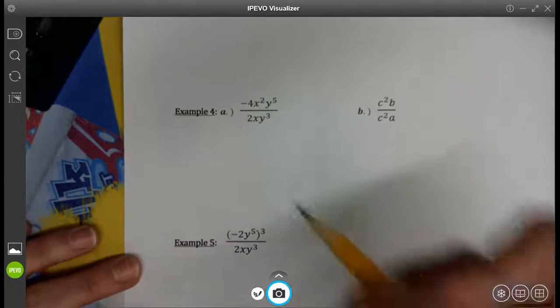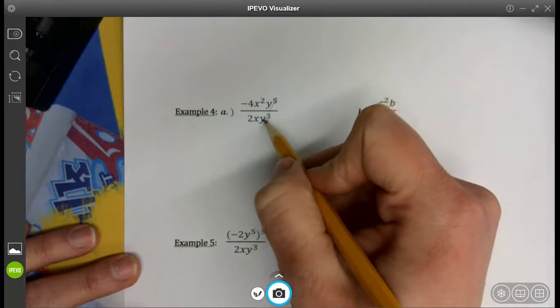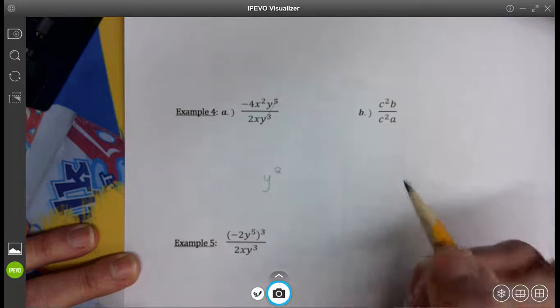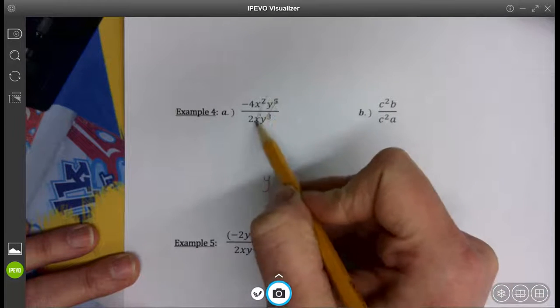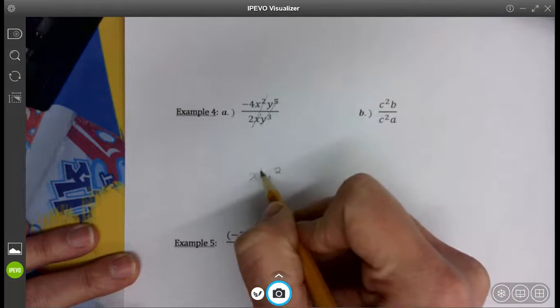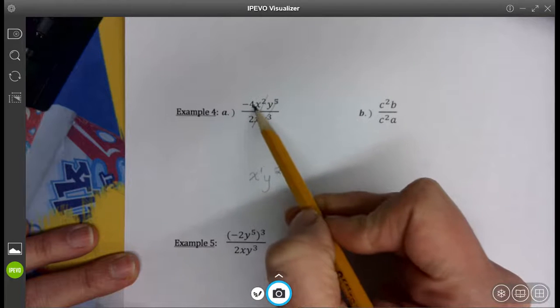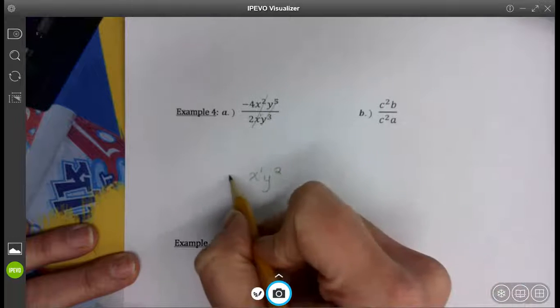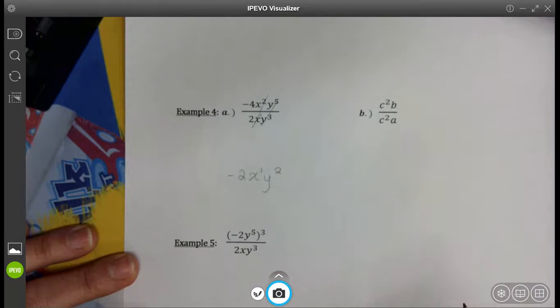Same thing here. Look at the letters. That's going to be 5 minus 3, 2. 2 minus 1, 1. These aren't the same base, so we just have to divide them like normal. Negative 4 divided by 2 is negative 2. That's it.